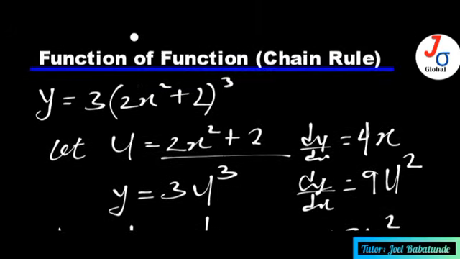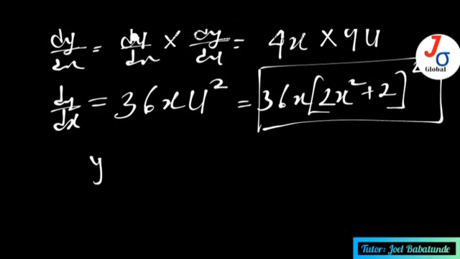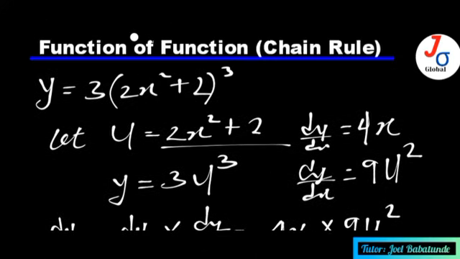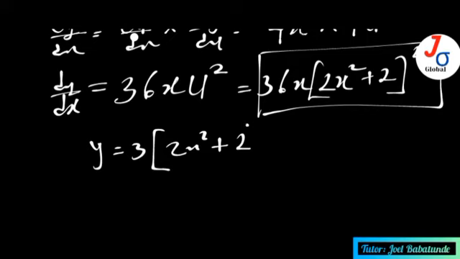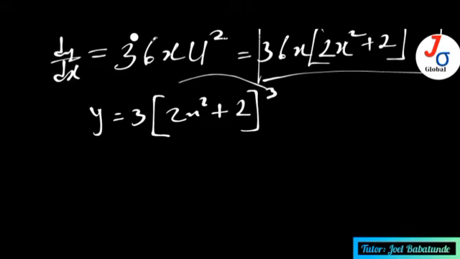So basically, can I do this with my head? The question actually is y equals 3 into (2x squared plus 2) all raised to the power of 3. So can I do this in my head? Yes. The first thing I have to do is take this index multiplied by the 3 here. I have 3 times 3 is 9. Differentiate this guy here.